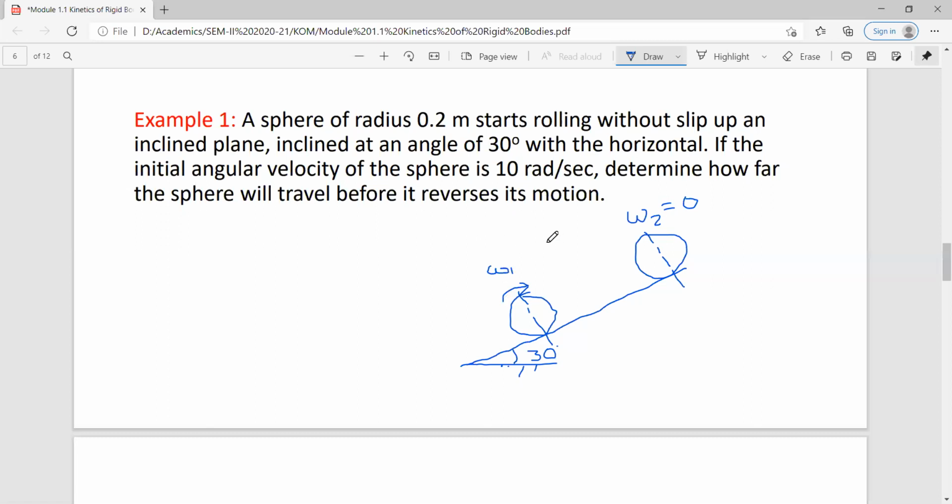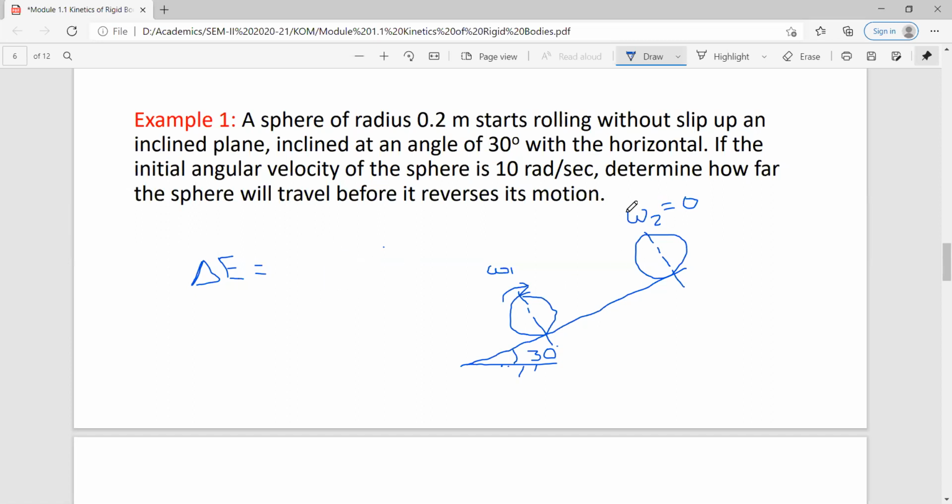Okay, so you can say that when the sphere moves from position 1 to position 2, there is a change in kinetic energy. How will you calculate the change in kinetic energy? Delta of kinetic energy, KE, is nothing but final kinetic energy KE2 minus kinetic energy KE1.